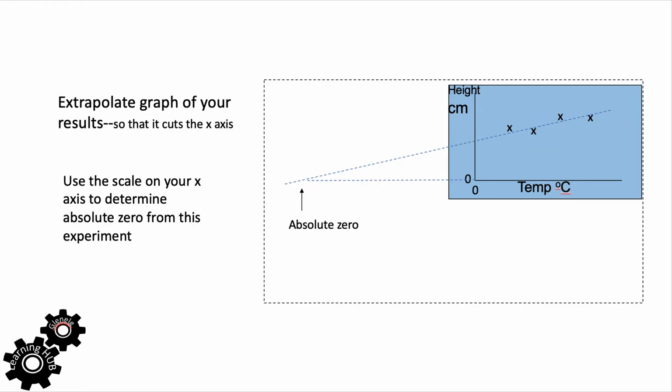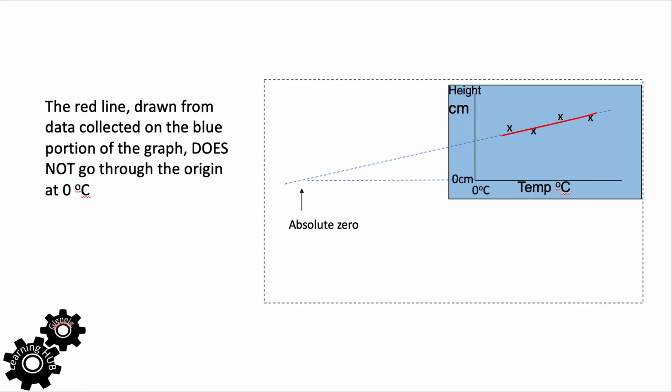And here one has just been dotted in, only 4 points here, getting the straight line, and then using the scale into the negative values to determine absolute zero. So if you've done both of these exercises, you've got 2 different values. But again, the slope of the graph, the line of the graph, doesn't go through the origin in the blue portion.